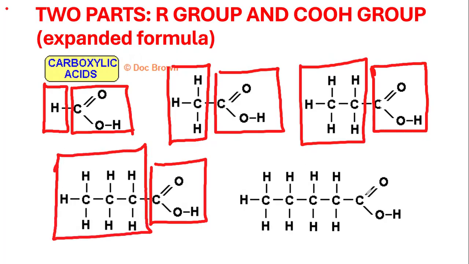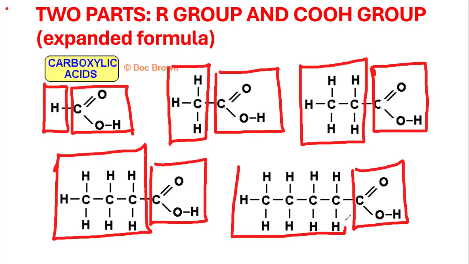And then this is the carboxyl group, and this one is the R group. And notice the R group changes. First it's just this hydrogen, and then it gets longer and longer and longer. As you can see, the R group does change, but the carboxyl group never changes for a carboxylic acid.